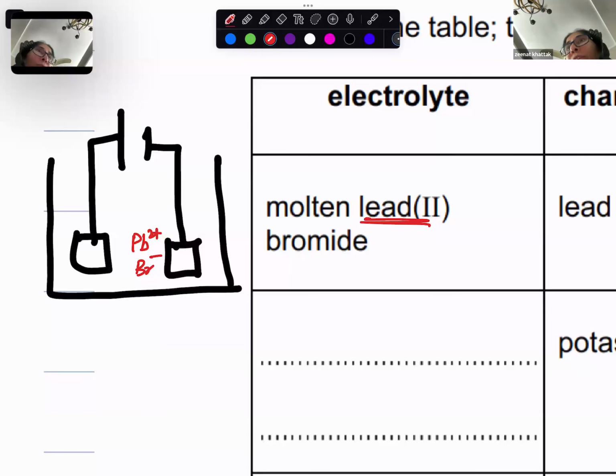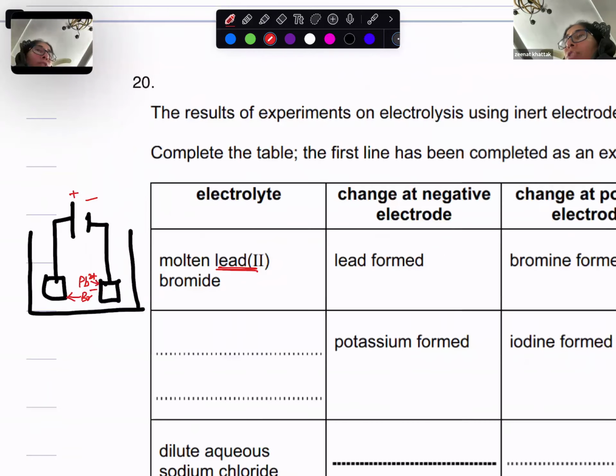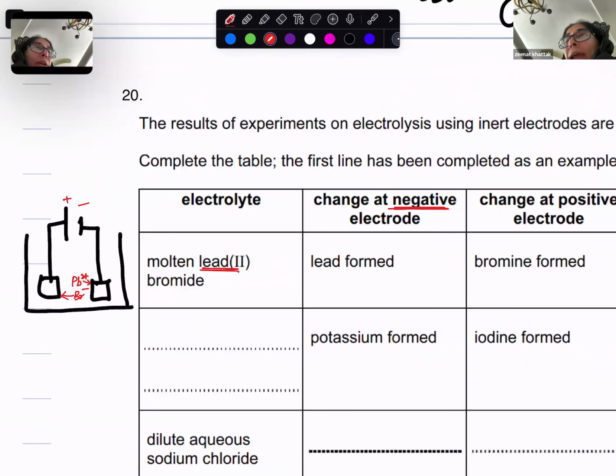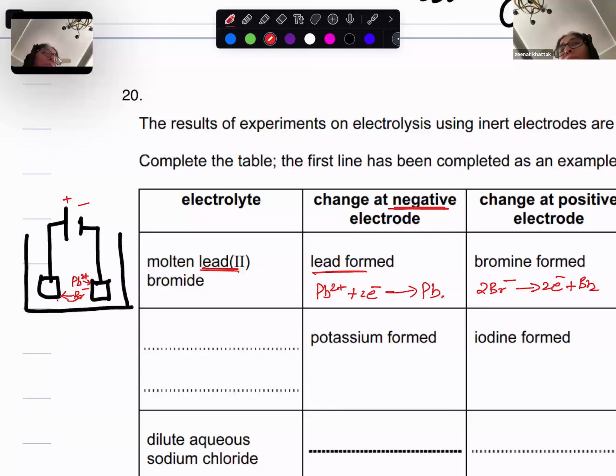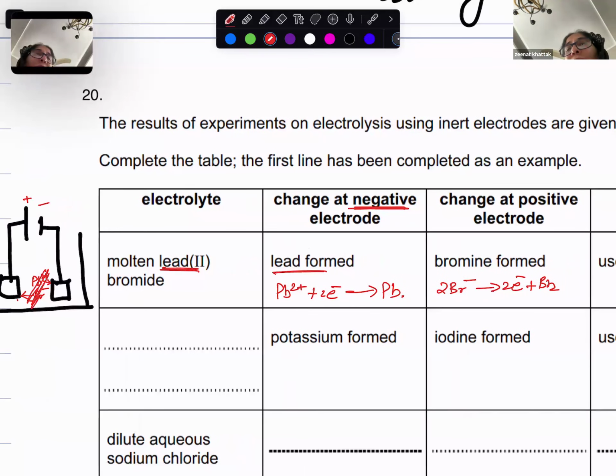We did this in the notes before. This is positive, this is negative. Lead will move to the negative, bromide will go to the positive. At negative, Pb2 plus gains 2 electrons and lead is formed. Bromide goes to the positive: 2 bromide lose 2 electrons, making Br2.